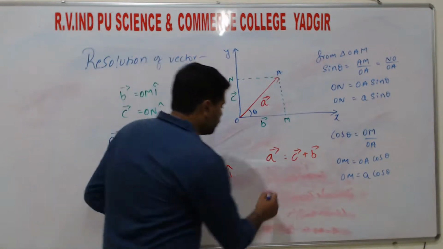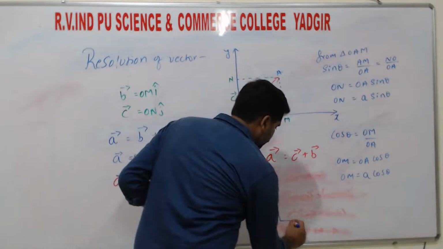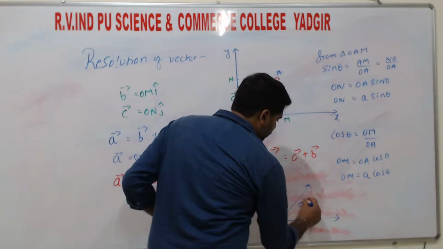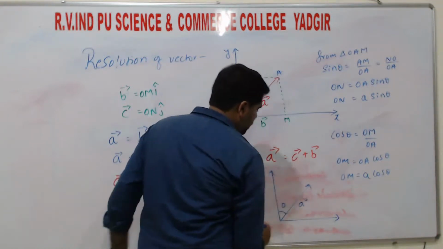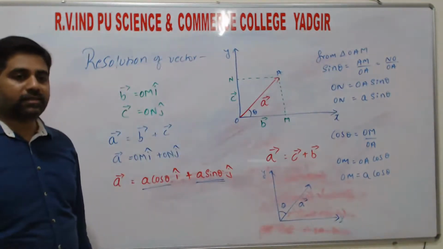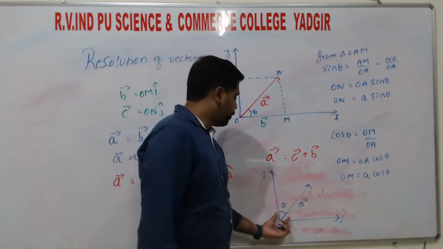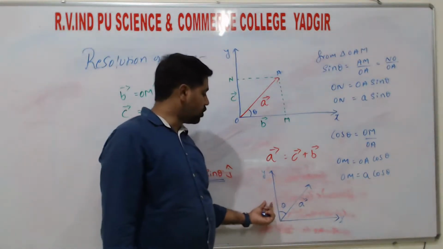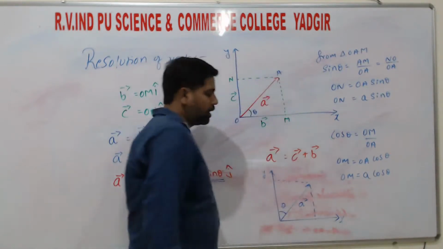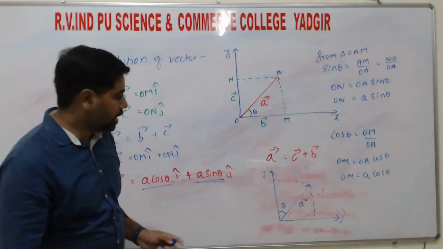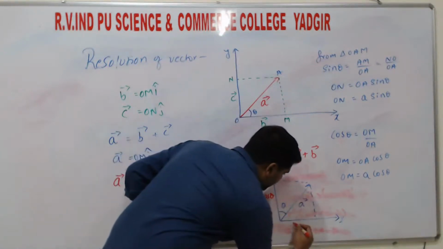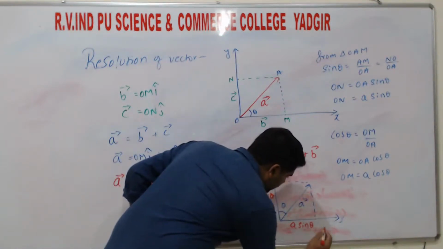So if we take one more example, I will take the same vector A, but here the angle is inclined with the y-axis. So this one is the y-axis, and here we have the x-axis, right? Now if we find the components along the y-axis and along the x-axis, then here we get A cos theta and here we get A sin theta.